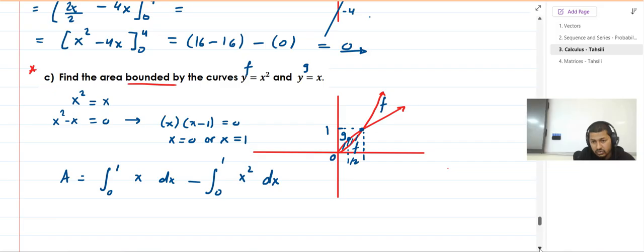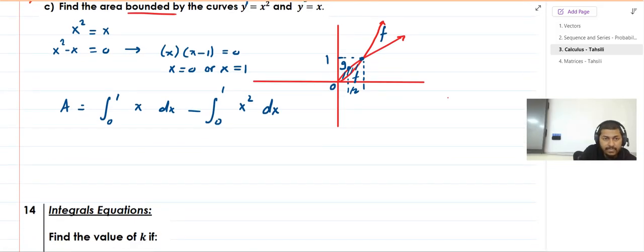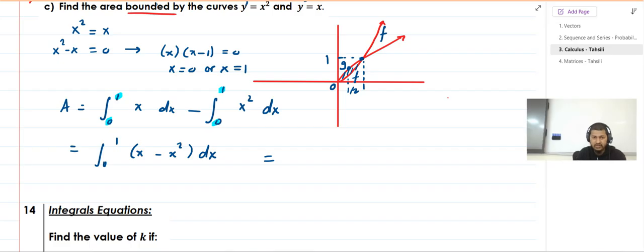Now you notice that we have 0 to 1 here and 0 to 1 here. So we can just take x minus x squared and combine it into a single integral, x minus x squared dx. Now you don't have to do that, you can work this out separately, and get the answer.